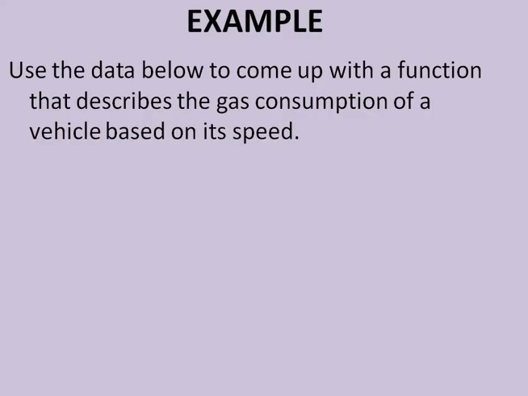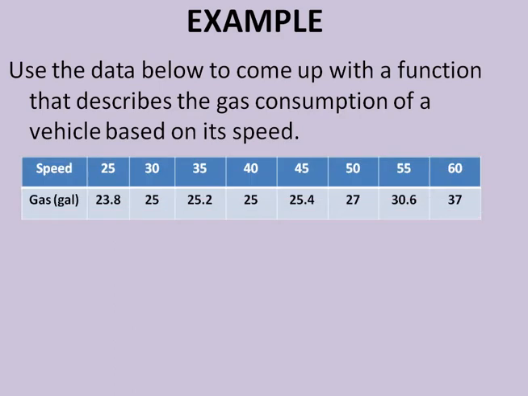We're going to look at this example here where we're going to look at an application. We have a vehicle that we're going to look at its gas consumption based on the speed that it's being driven. And as we all know about cars, the faster you drive them, sometimes you burn a little bit more fuel. Also, different speeds burn different levels of fuel, and we want to look at this to maybe see what the optimal speed is, which is going to burn the least amount of gas.